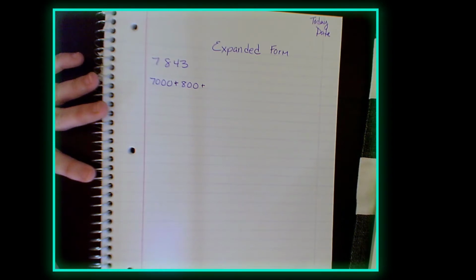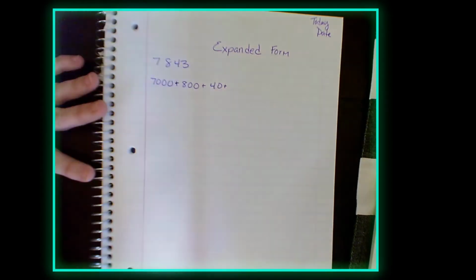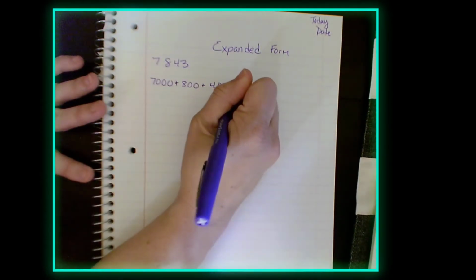And then if you look in the tens place, you're going to see the 4. And the 4 means 4 tens. So that's 40. And then you have a 3 in the ones place. So it shows what an expanded form looks like when it's a thousands place digit.